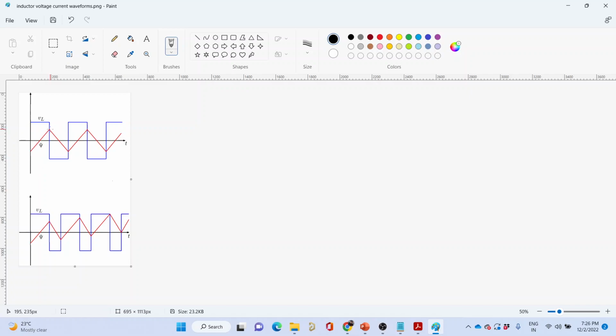So what is the relation between the voltage induced and the flux? So if voltage is induced, current will flow. As current increases, flux will increase. What is the relationship between voltage and flux? What is the mathematical equation relating these two?